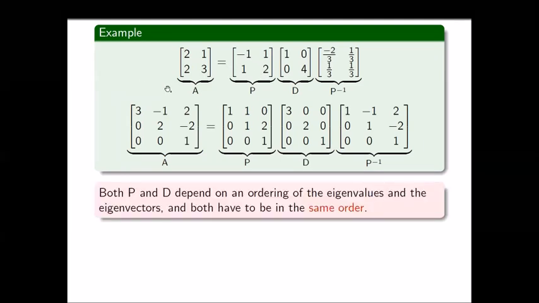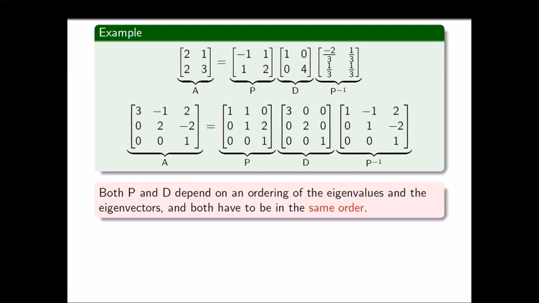But there is one thing that we need to remember and be careful about, and that is the ordering of these eigenvectors and these eigenvalues. What I mean is both P and D depend on an ordering of these eigenvalues and eigenvectors, and it doesn't matter what order they're in, but they have to be in the same order. So they have to be matched up.